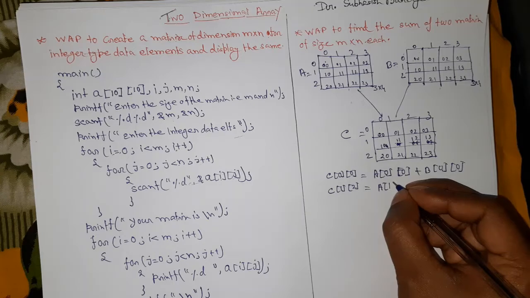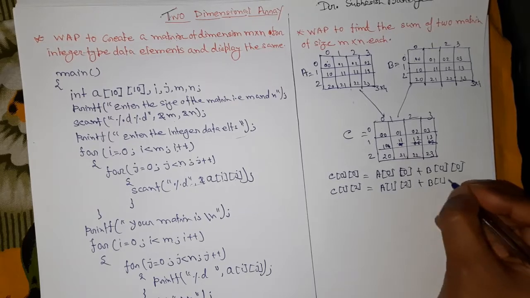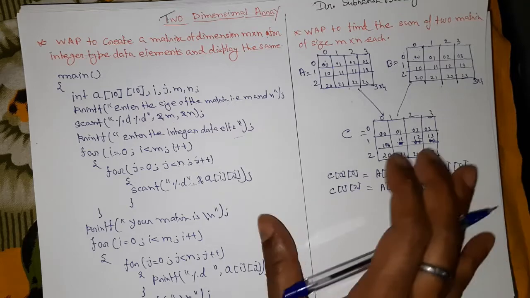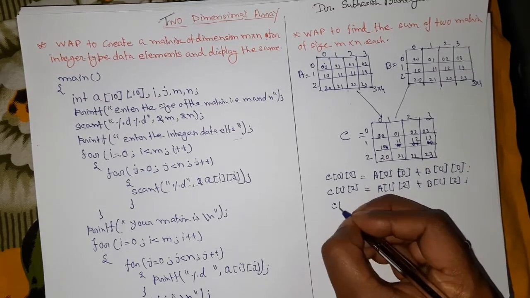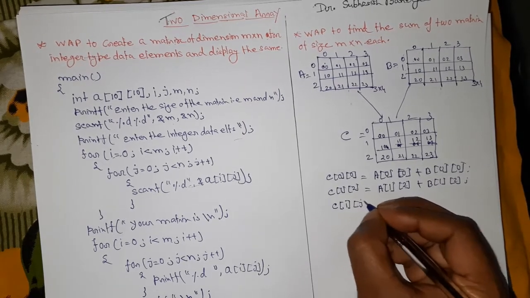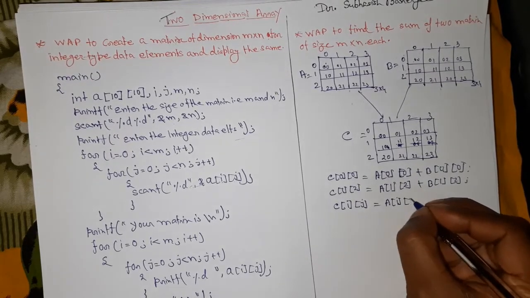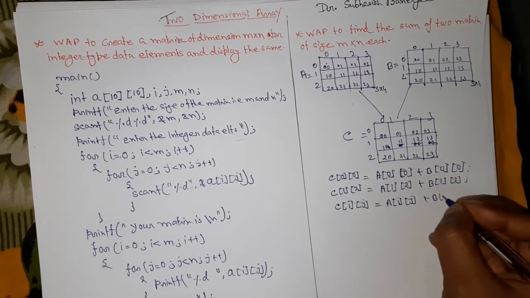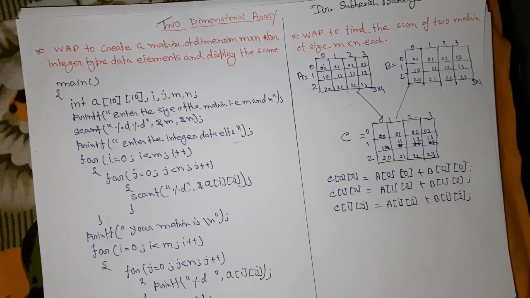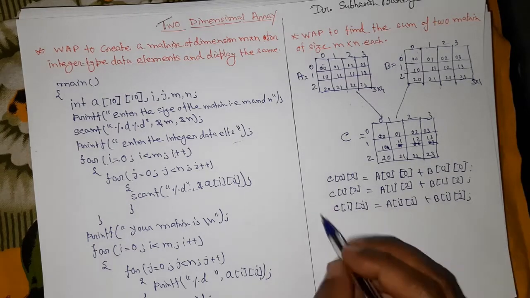So it's also the same row and the same column of the matrix A, and similarly the same row and the same column of the matrix B. So what I want you to analyze is that if we wish to find the resultant matrix for the ith row and the jth column, it is nothing but the addition of the matrix A of the ith row and jth column, and similarly the matrix B of the ith row and jth column, isn't it?